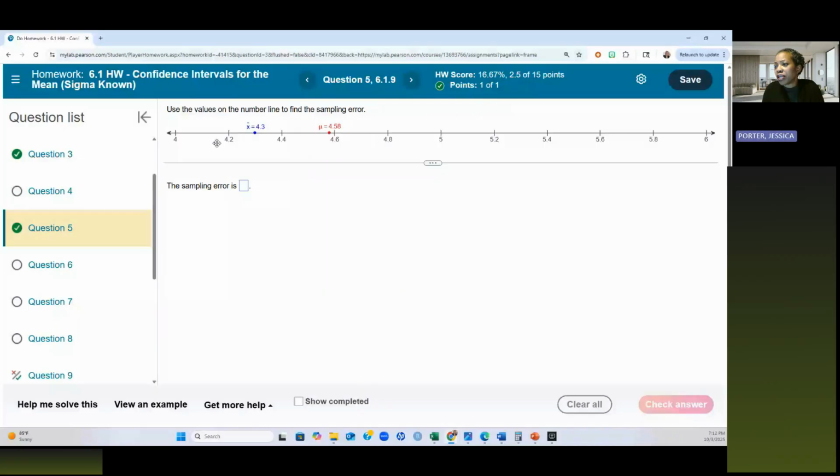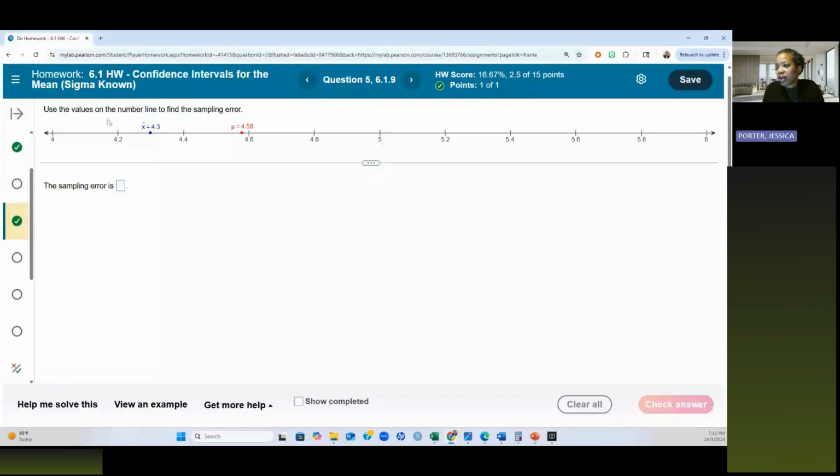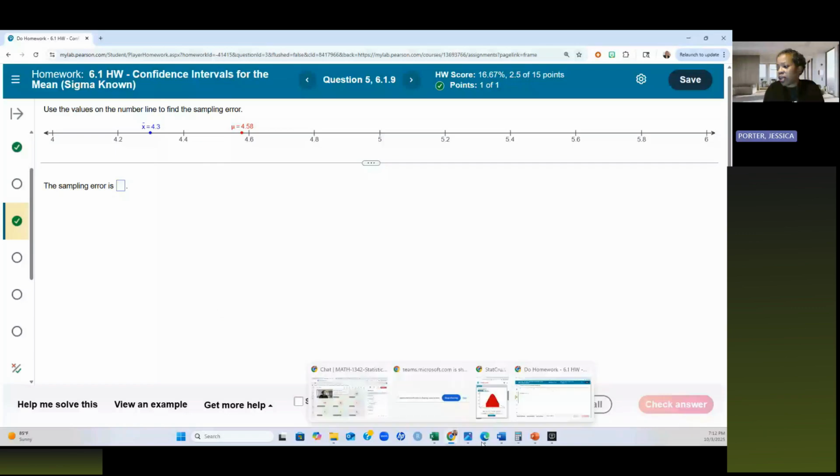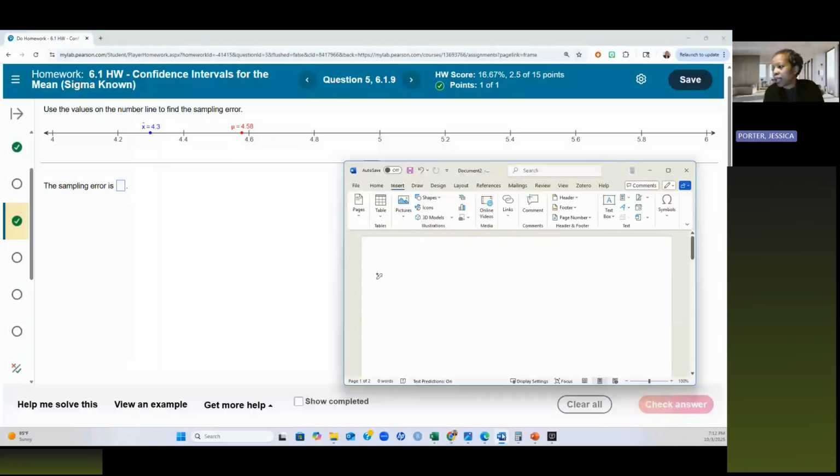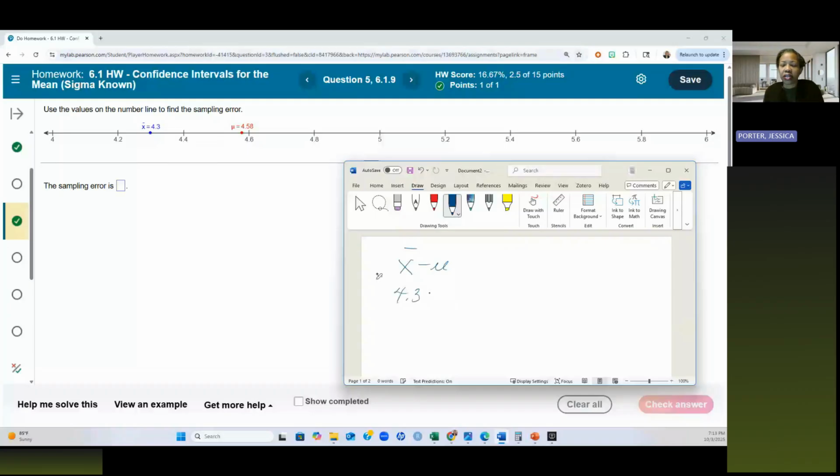Okay, notice we have used the values on the number line to find the sampling error. Remember, the sampling error is X bar minus mu, the population mean. So let's pull this up. What we would calculate is X bar minus mu, the sample mean minus the population mean.